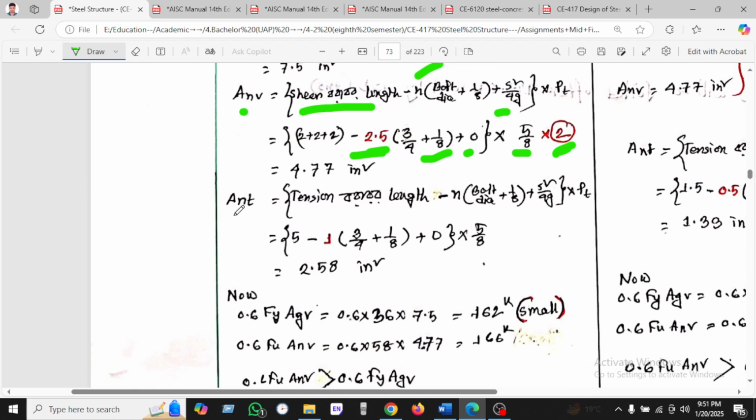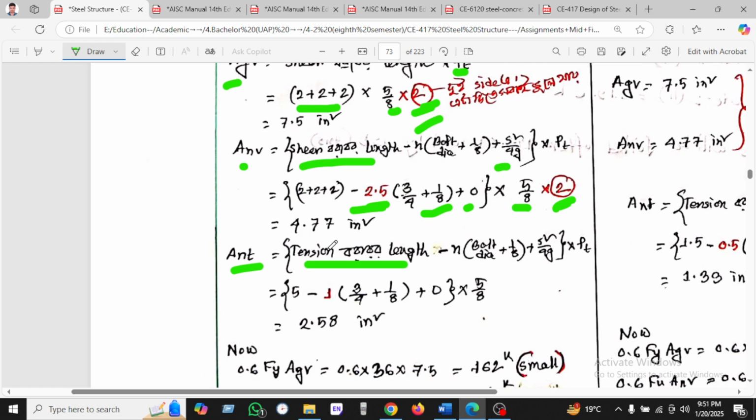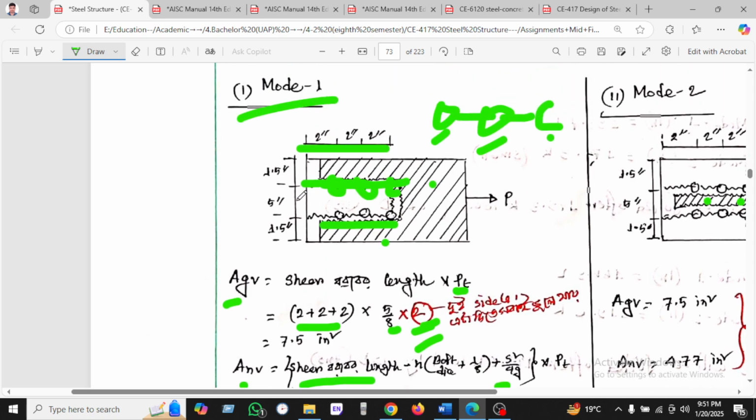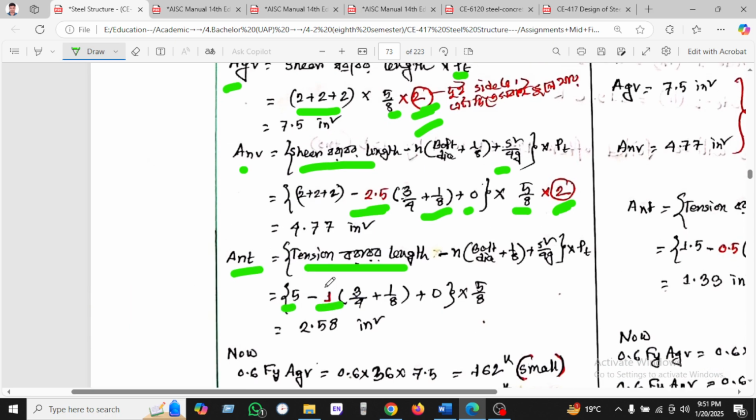In the same way, we are considering ANT. The tension length is along the tension. Oh, sorry, this is not tension, this is the shear. So the tension zone will be this portion. So this is 5, so the length is 5 and 1. Why are we considering 1?